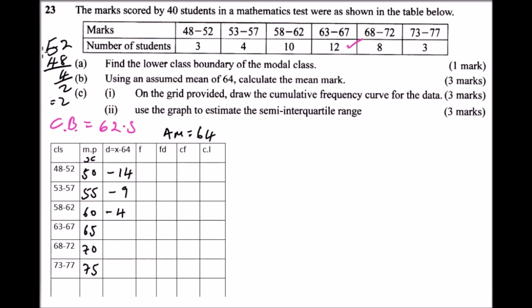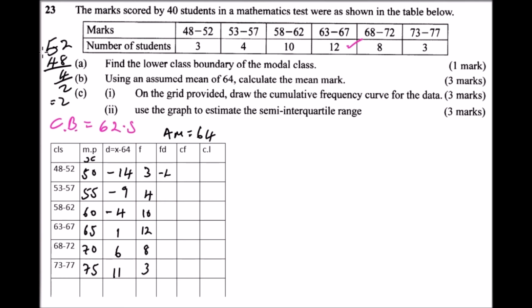Here you have 1. Here you have 6, and here you have 11. Frequency we have already been given in our table, so we just copy that. So we have 3, 4, 10, 12, 8, and 3.